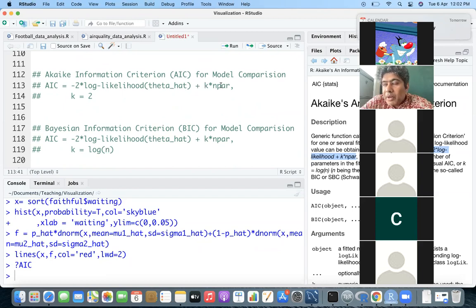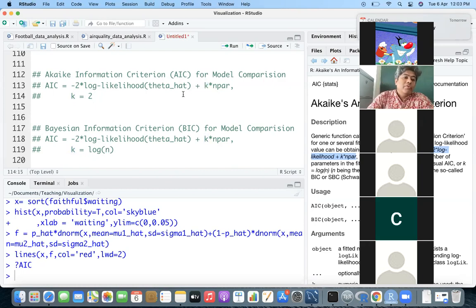If I have a model with 5 parameters and a model with 2 parameters, the 5-parameter model tends to do a little better than the 2-parameter model. That is generally observed. So you have to do a little bit of penalization, and k stands for how much weight you want to give on the penalization.